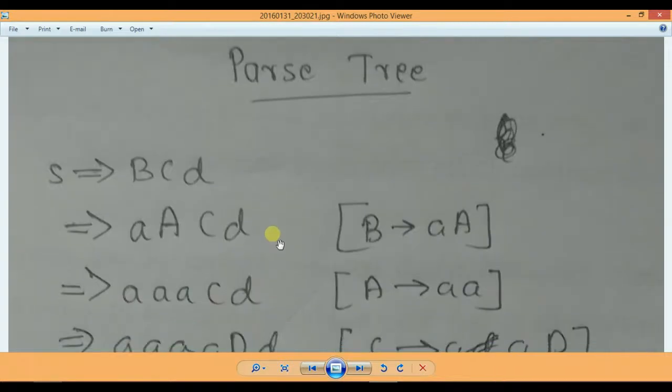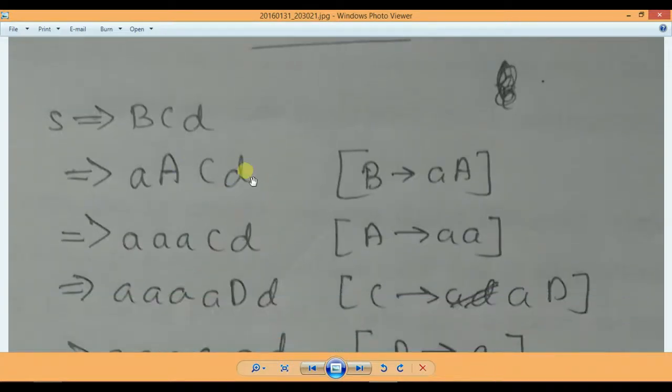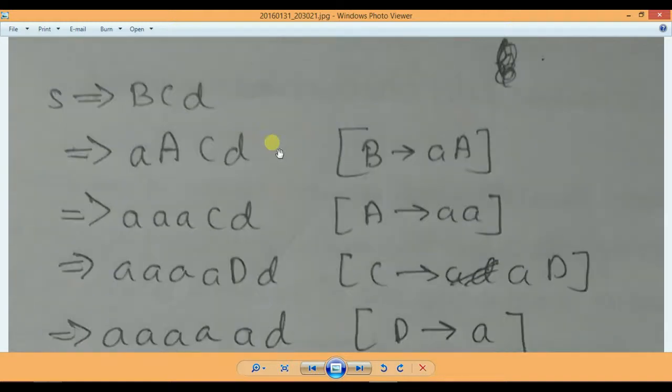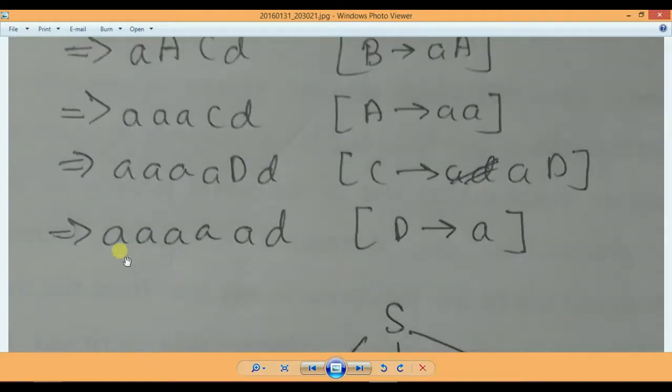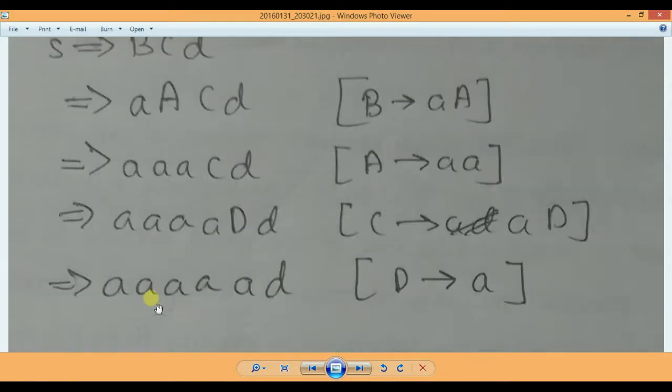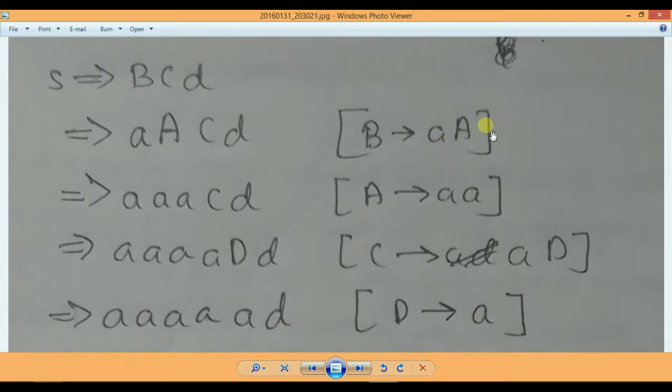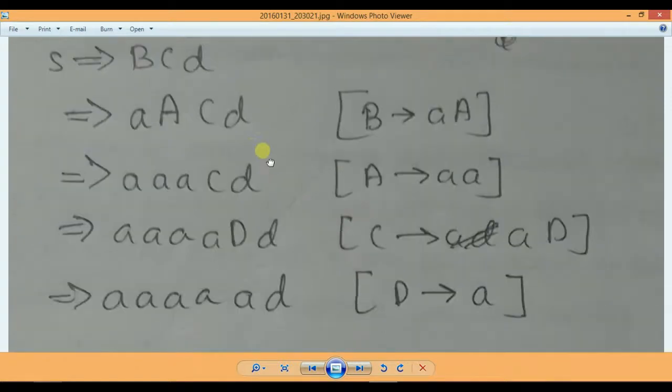Suppose there's a language, and there are production rules and the starting symbol. And suppose your sentence is this: A, and D. You have to reach this from S is equal to B, C, D. And there are some production rules, and following them, you reach it.